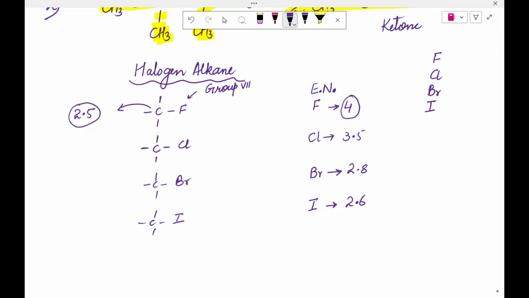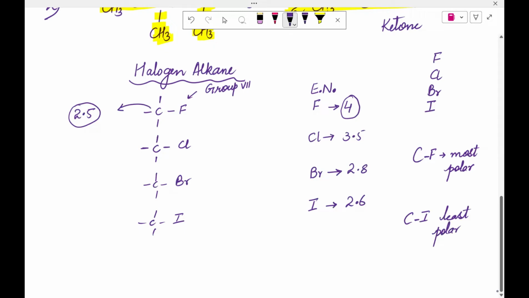So they have the maximum electronegativity difference. So can we say that C-F is the most polar one, and C-I is the least polar one.